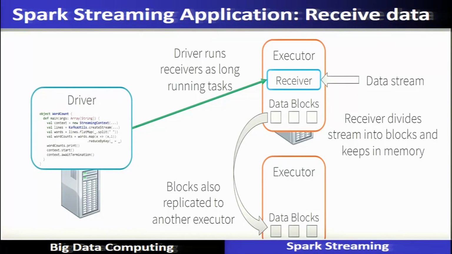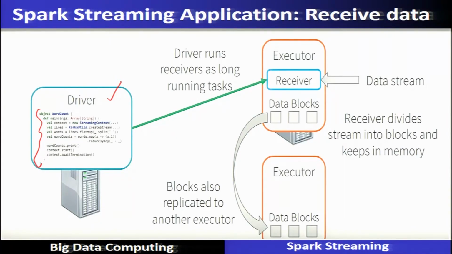Now Spark streaming runs on top of the Spark engine. Let us see how the Spark streaming application progresses in this scenario. Again, there will be a driver program, and the same word count program which we have written is given to the driver.